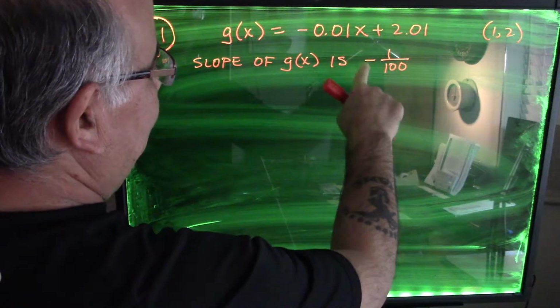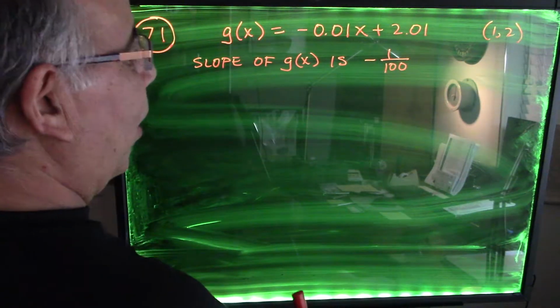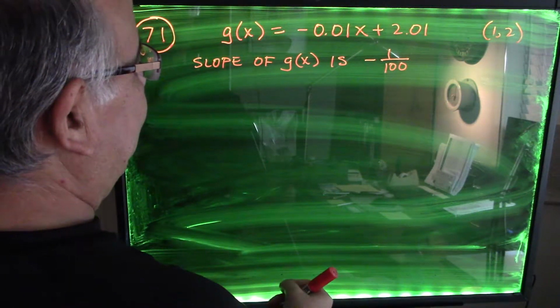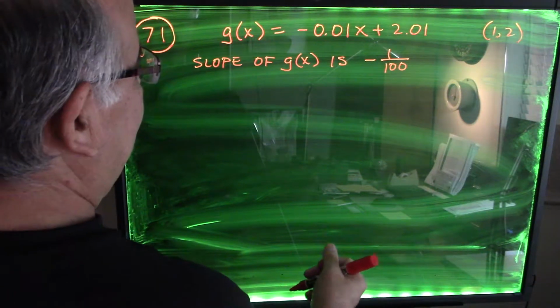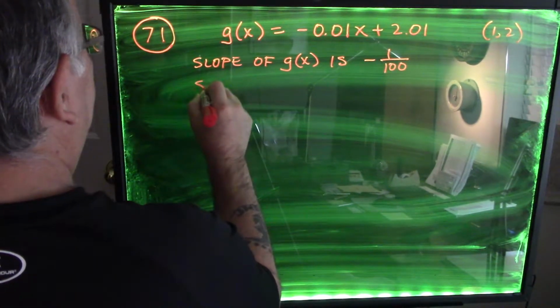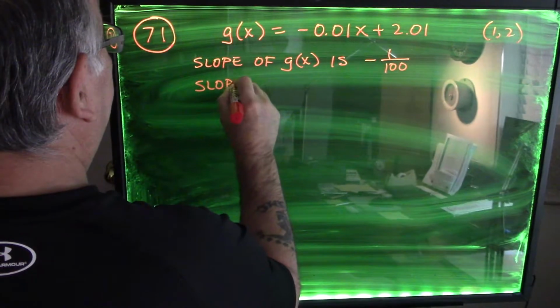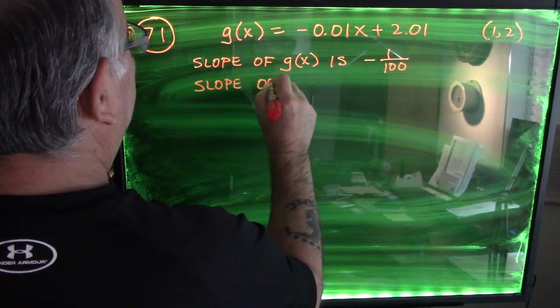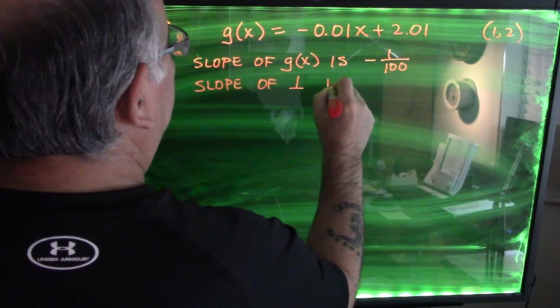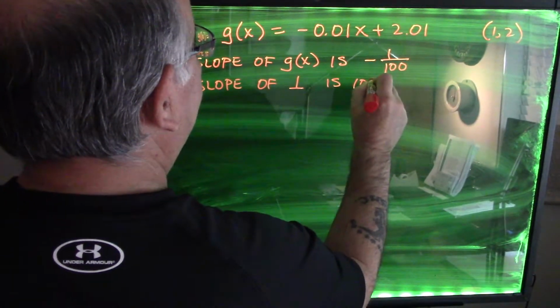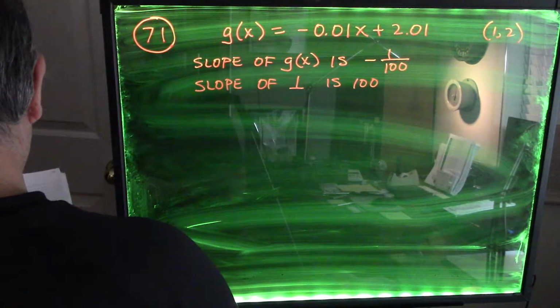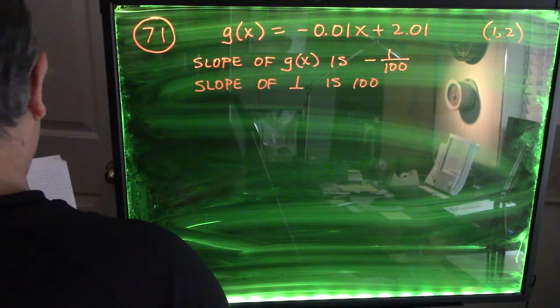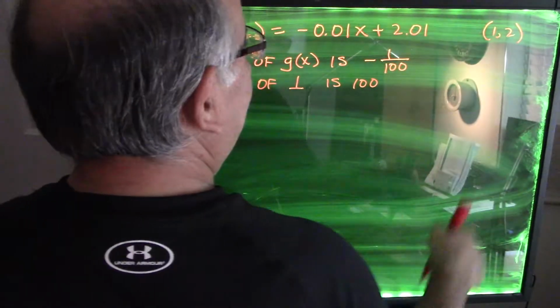So the reciprocal of this is negative 100 over 1, or negative 100, and the negative of that is 100. So slope of perpendicular is 100. All right. So we also have the point that we need, 1, 2.